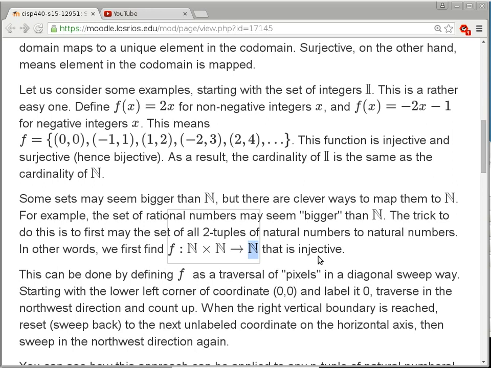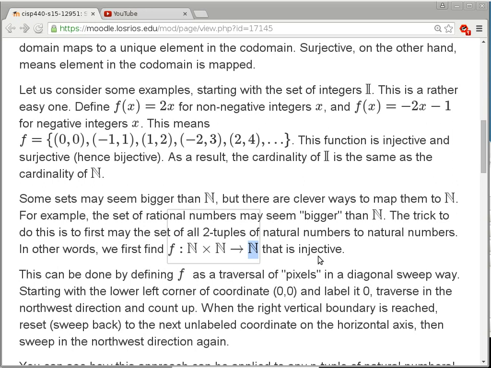In other words, if you give me a tuple of two numbers, x, y, where each component can be any natural number, I will give you a way to map it to a unique number on the other side. Let's call it z, which is also a natural number. And this mapping is injective, at least. Okay, so that's what we want to do.